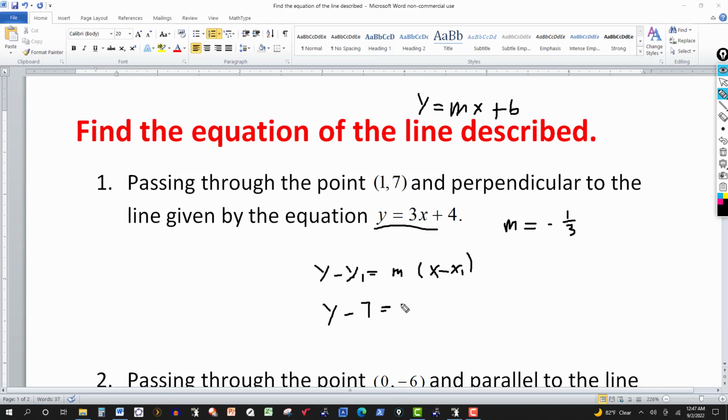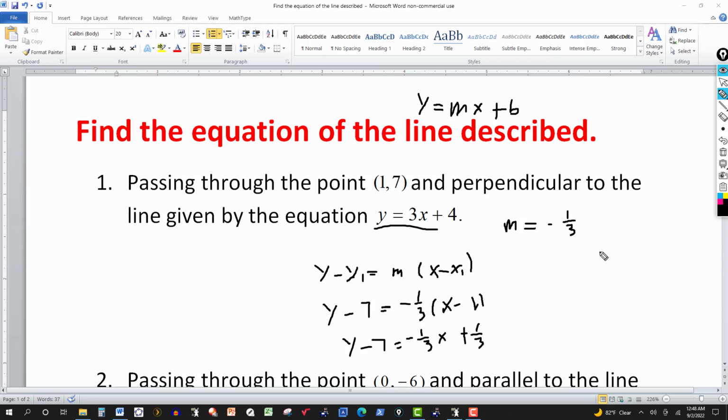The slope of the line I'm looking for is -1/3. And then x minus the first component of the point, which is 1. So this would be y minus 7 equals -1/3 x, and then -1/3 times the -1 is a plus 1/3.